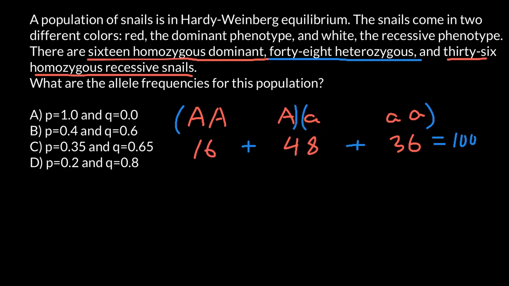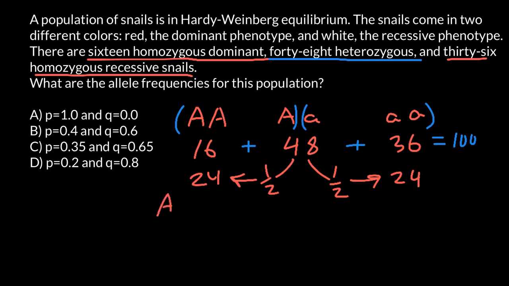So let's group one half here and another one half here. One half of 48 would be 24. So let's add 24 here and 24 here. And we are going to get dominant allele frequency as 40 and recessive allele frequency as 60.